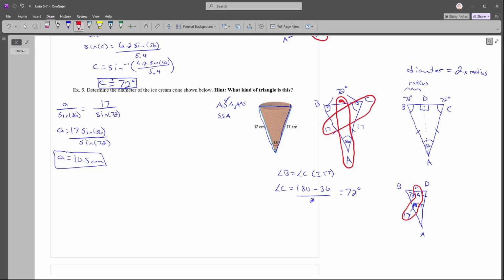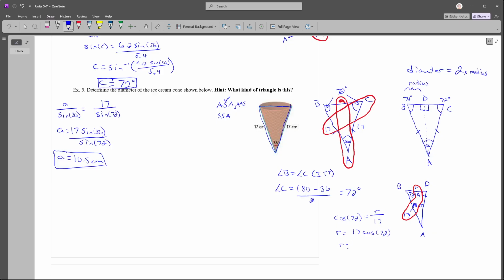So CAH, that's CA. So I can actually use my primary trig ratios because I'm on a right angle triangle. So I could say the cos of 72 is going to be equal to A, which is R, over 17. Now, R is equal to 17 times cos of 72.